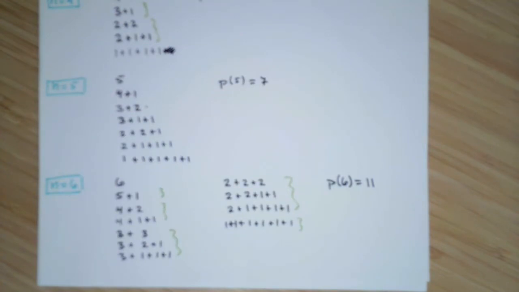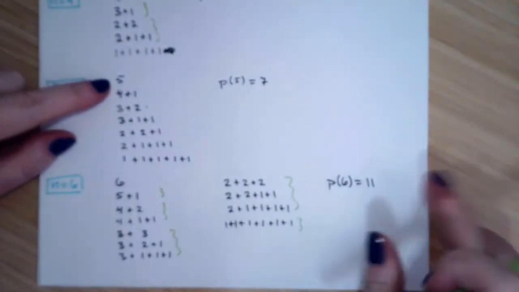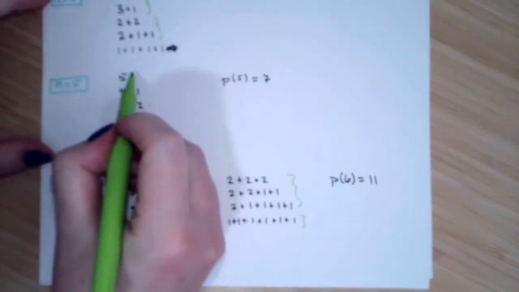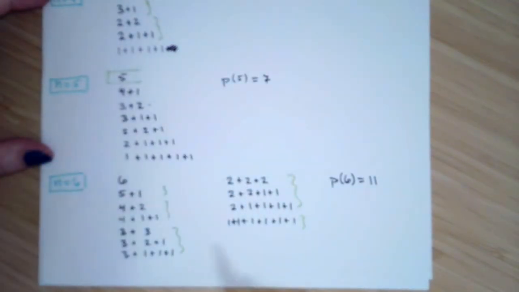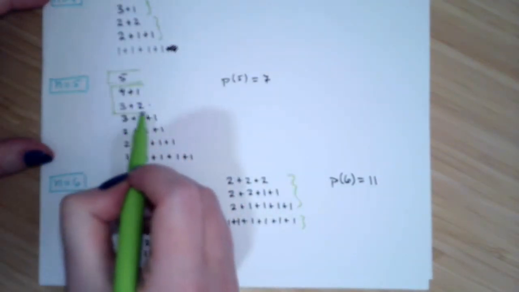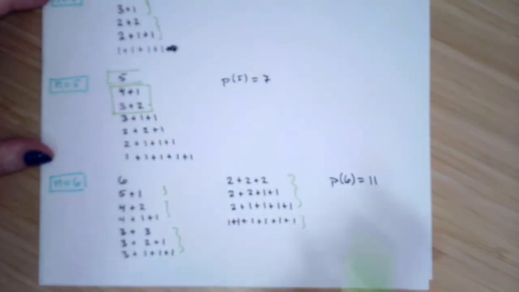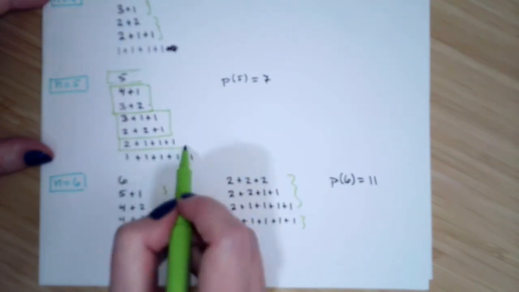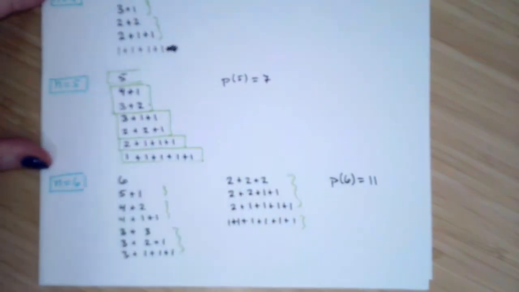Another formula that's very classic that people use is people will count the parts that have how many sums involved. So for example, 5 here has only one number added together. Both the next two have 2 guys added together. The next two have 3 guys added together. Then 4 guys, and then 5 guys added together.